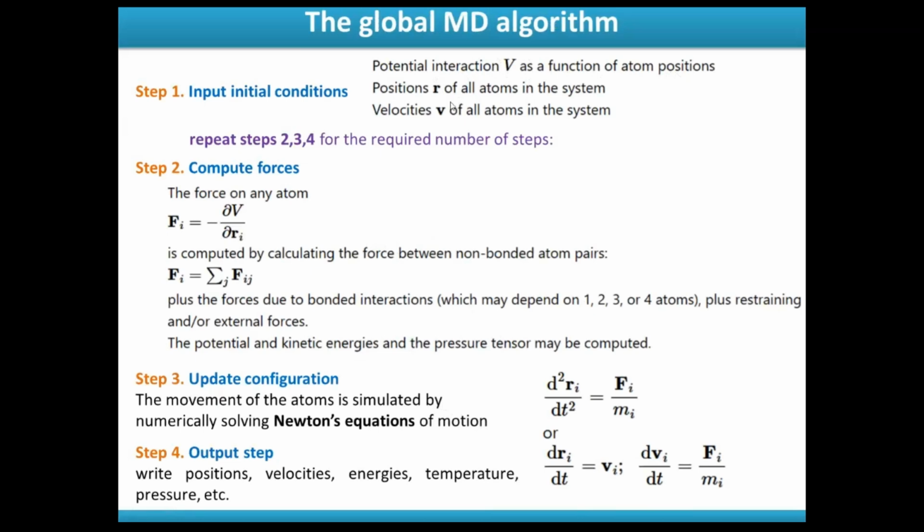They will have some positions initially, that is X, Y, Z coordinates, because they are in 3D, which are referred to as R in this case, and the velocities of all the atoms in the particular system. So we have four major steps here.